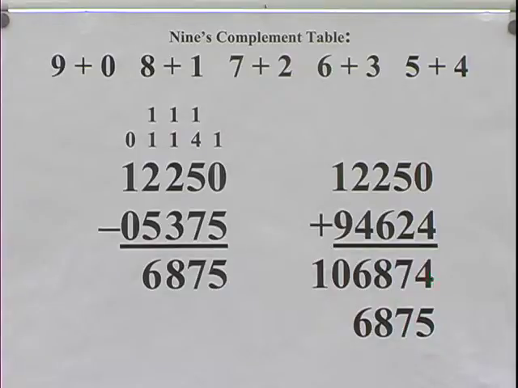It's only off by 1. In the nines complement procedure, it is mathematically correct to take the leftmost digit, which would always be a 1, and add it to the rightmost digit, 4 in this case, and you get the correct difference, 6875. And we did it by addition.